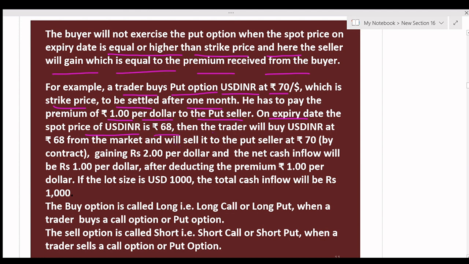Then the trader will buy USD at rupees 68 from the market and will sell it to the put seller at rupees 70 by contract, gaining rupees 2 per dollar, and the net cash inflow will be rupees 1 per dollar after deducting the premium of rupees 1 per dollar. If the lot size is $1,000, then the total cash flow will be rupees 1,000.